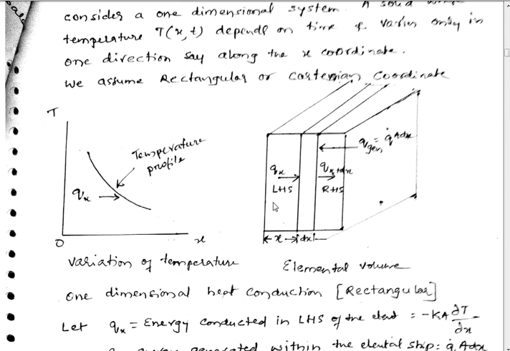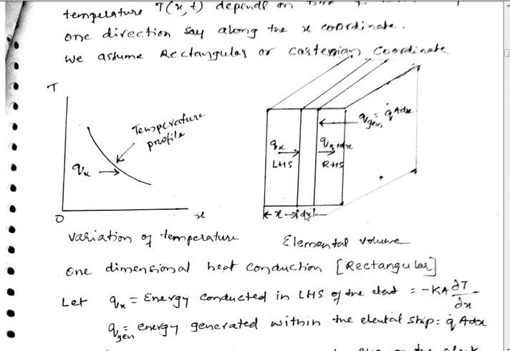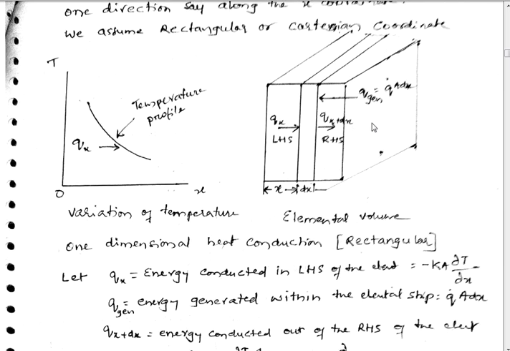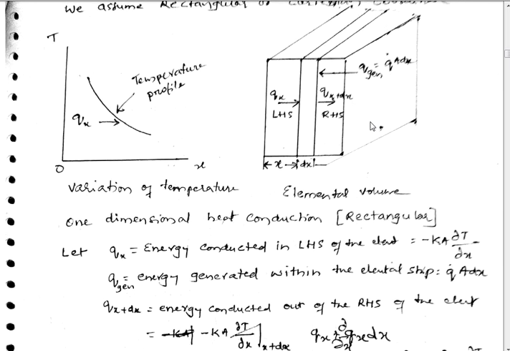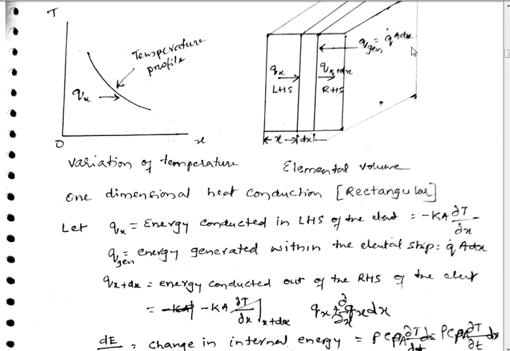For this one-dimensional heat conduction equation, a slab is considered, and for that we have taken one element of length dx at a distance x from one end, where qx amount of heat is entering the element, and q at x plus dx amount of heat is coming out of the element. Internal heat generation we are not going to consider here, but if internal heat generation is there, it can be given as q generation equal to q dot A dx.